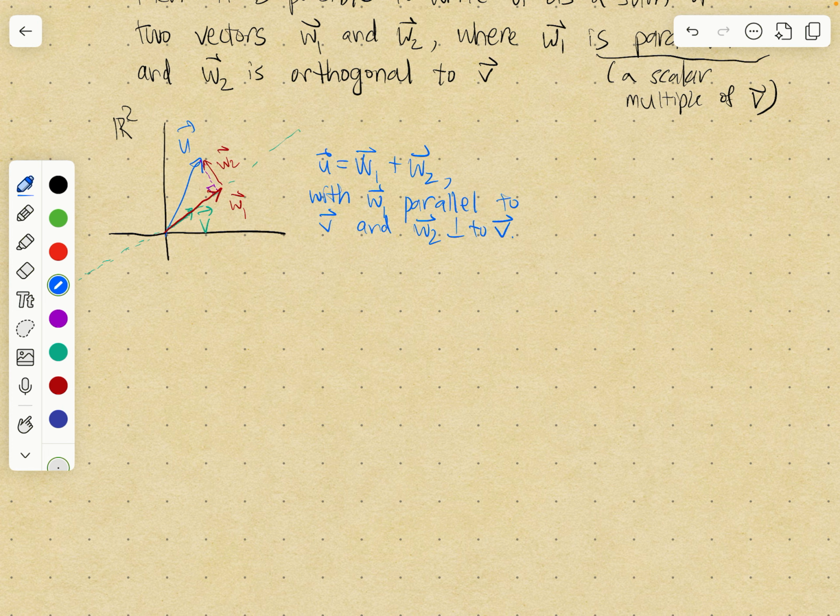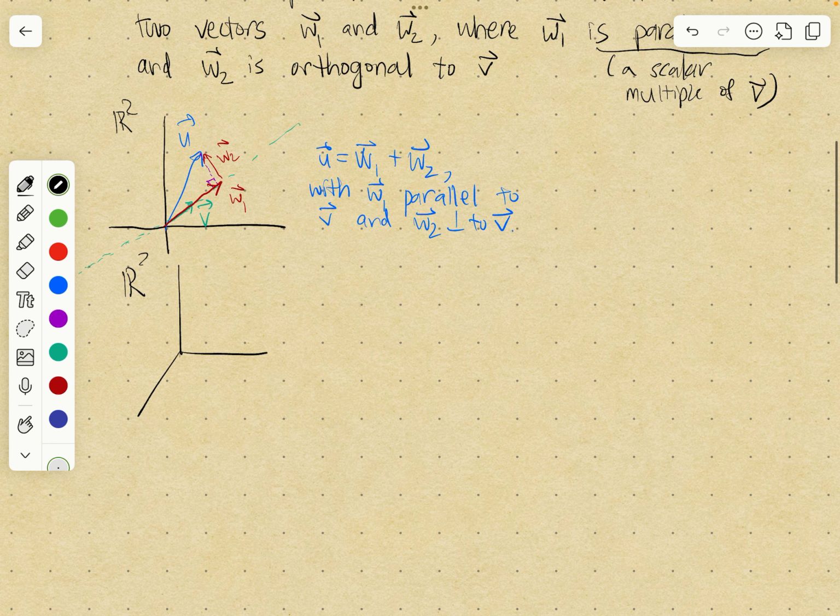Let's draw another picture. So this happens in Rn, right? So let's do R3. So if you have this vector u, say it's here, and then let's say v is, maybe make it a bit different, let's say that's v. Then what would w1 and w2 look like?